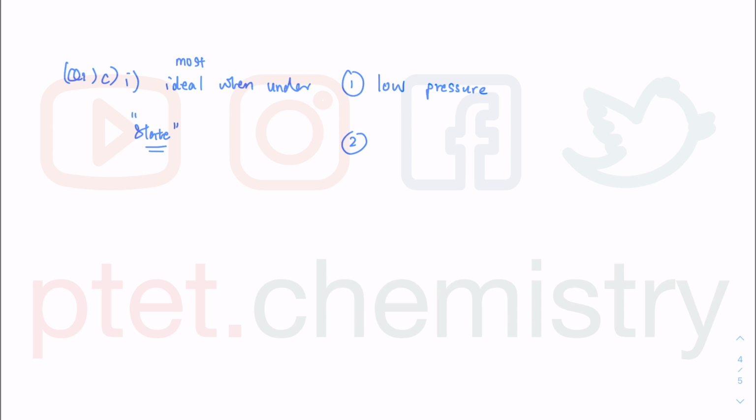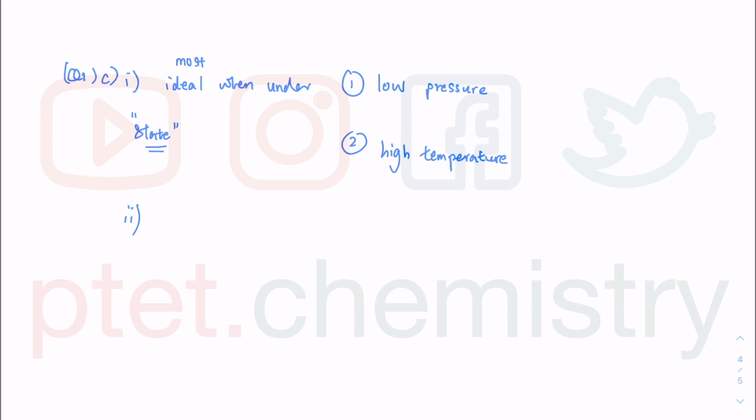The other one is going to be high temperature, and this is related to what I just explained. At high temperature, your molecules have a lot of energy to move further apart from each other, and therefore negligible intermolecular forces between each other.